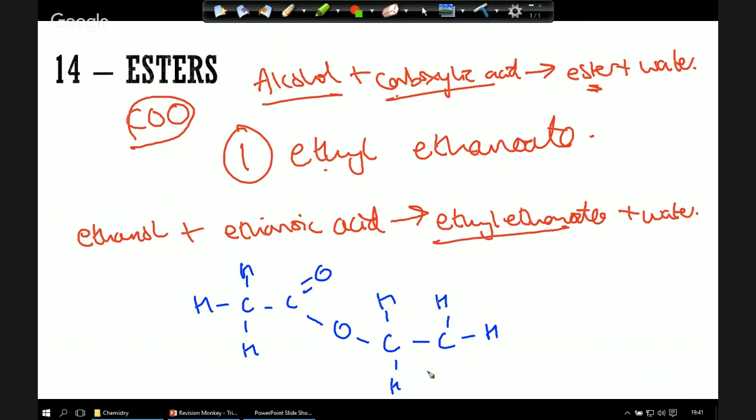And this is where you get your functional group from here. So rather than the carboxylic acids, which had the COOH on the end, these have this functional group in the middle, this kind of COO, and that's how we recognise the esters. So it's not the same as having COOH on the end of the carboxylic acids. It's this COO in the middle. So what you'll have to do is recognise this as an ester if they say what type of molecule is this, but the only one you'll have to name is ethyl ethanoate.